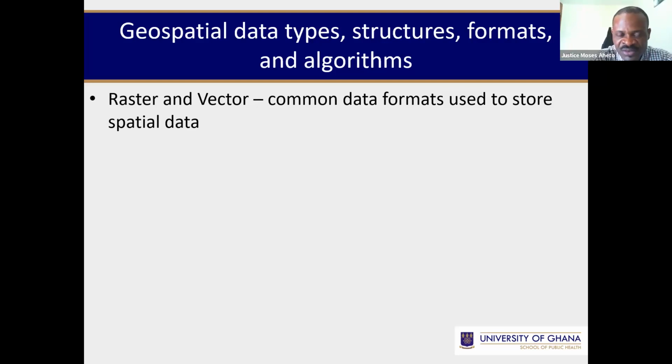We'll see examples, so don't worry too much. So between raster and vector, this is simply talking about how the data is formatted for use, either in the form of a raster file or a vector file. We'll look at each of these.